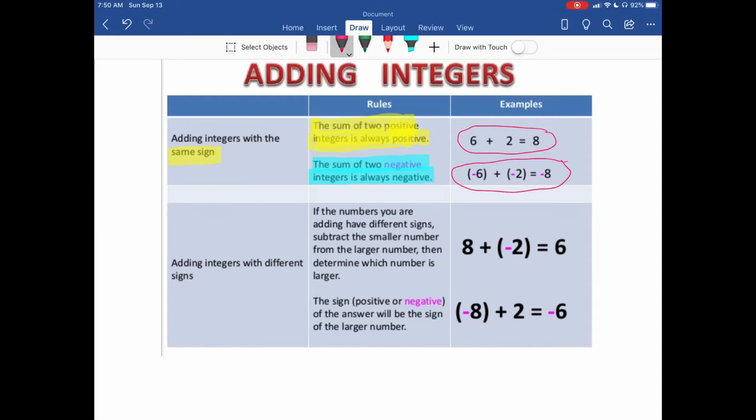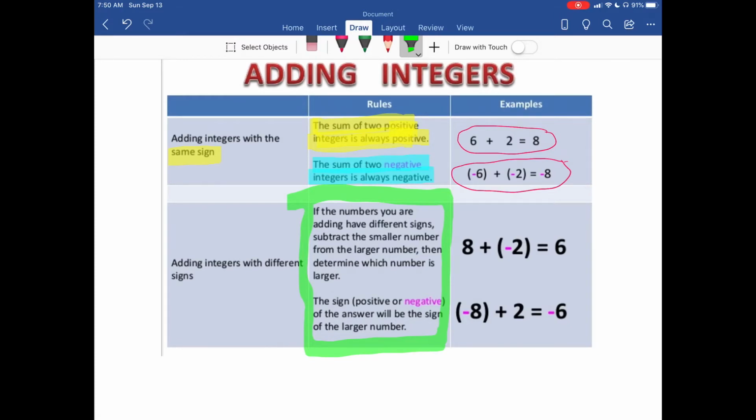So we still take those sums, but then the result is a negative number. All right, then things change a little bit when we're talking about opposite signs. So here is our rule when we're working with opposite signs. We're going to take the difference. We're going to subtract those two.